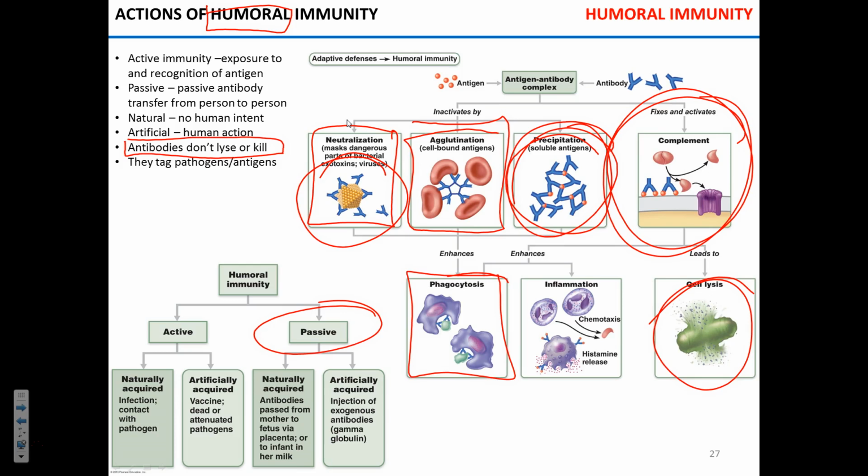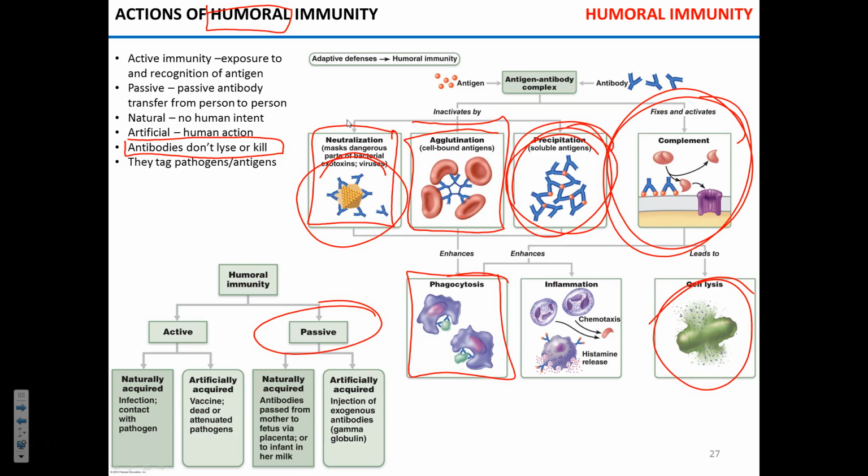Do I make sense? On top of that, we can say if it's natural or artificial. So when I get infected, that's the natural immunity, correct? Natural active. When I receive the injection of antivenin after I was bitten by a snake, that's artificial because I get an injection.